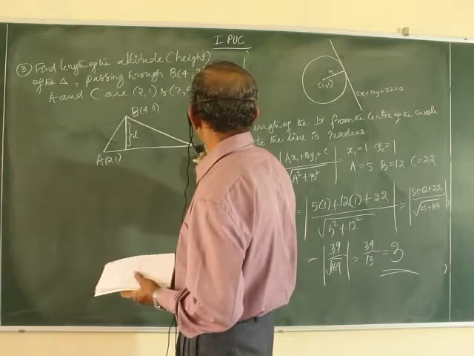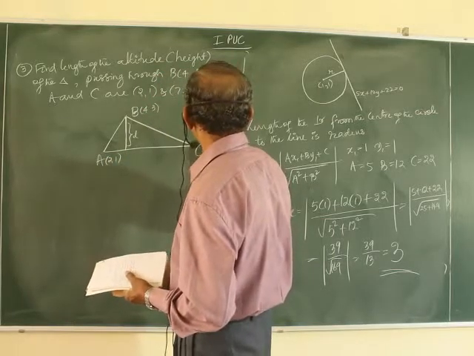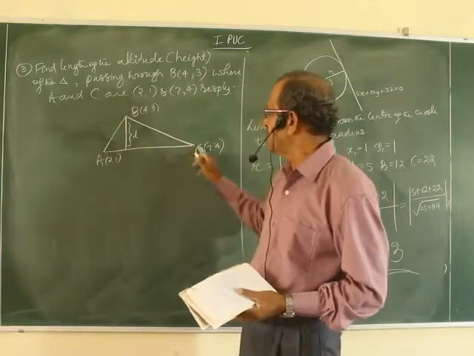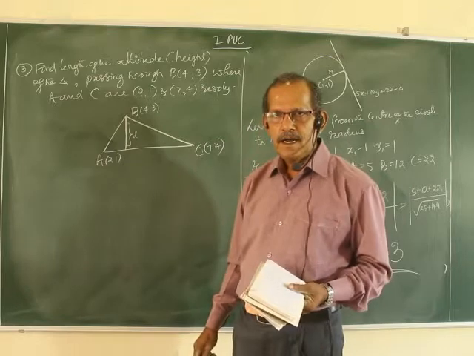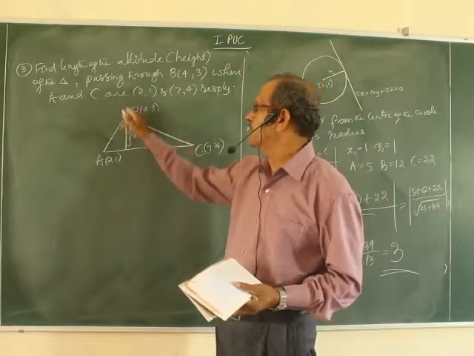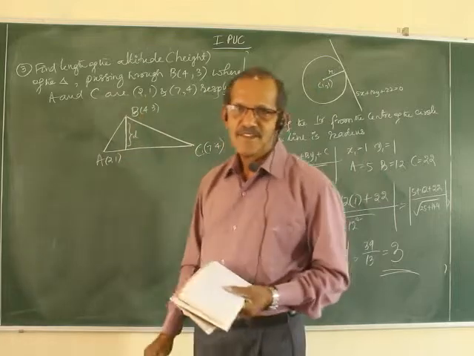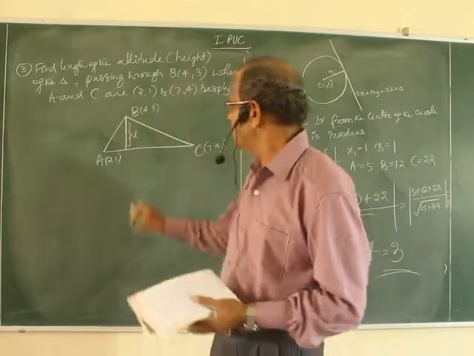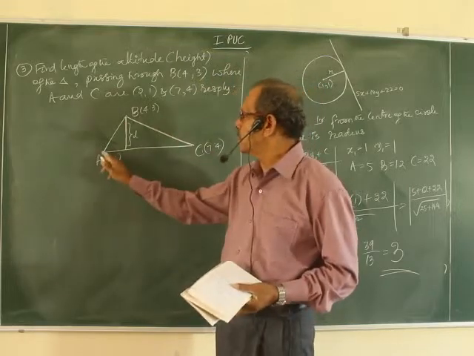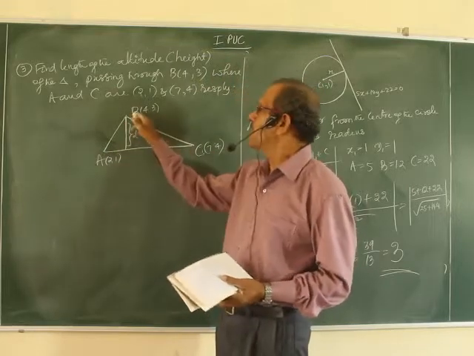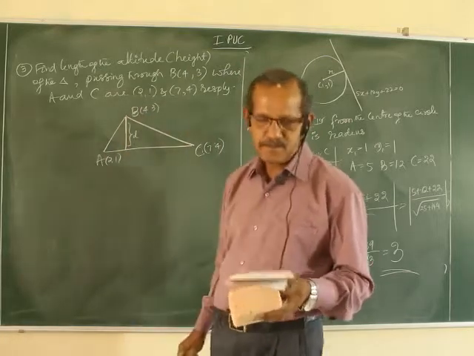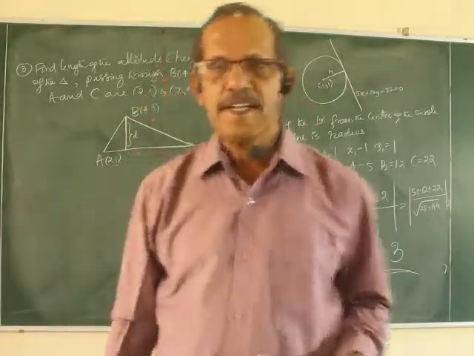C is (7, 4). What you have to do is write the equation of AC. To that line, find the length of the perpendicular from B. First write the equation of AC. Then apply this length of the perpendicular formula to that line AC from the vertex B. You get the height of the triangle. Can you do it as homework?